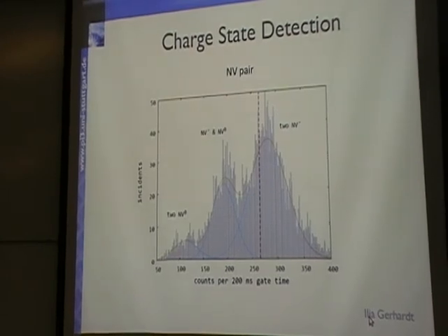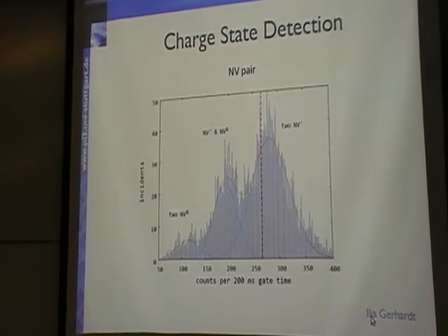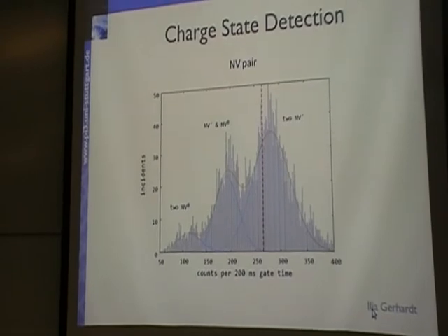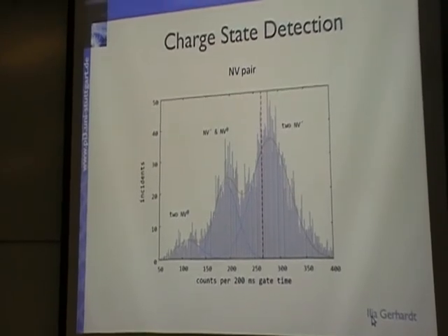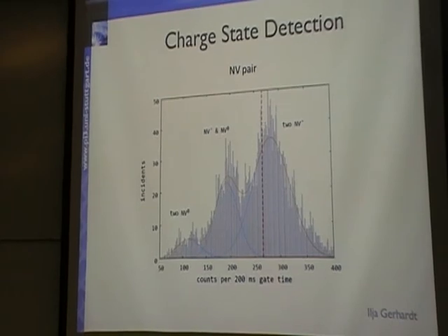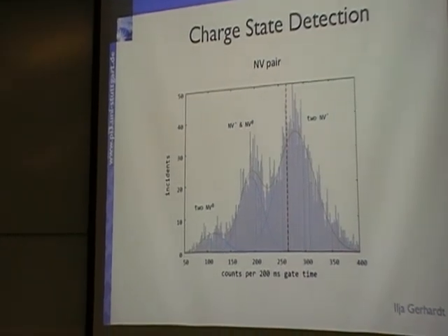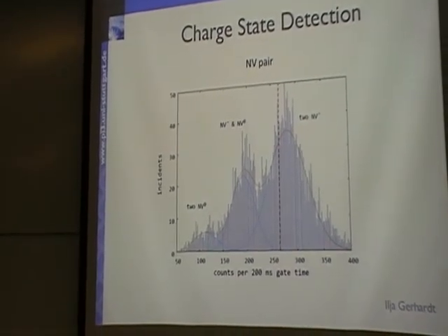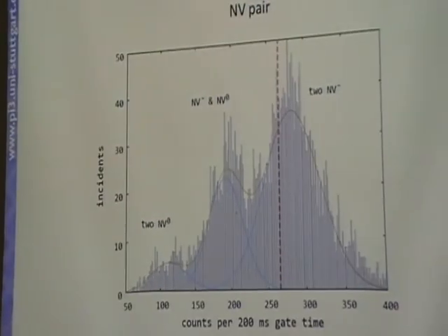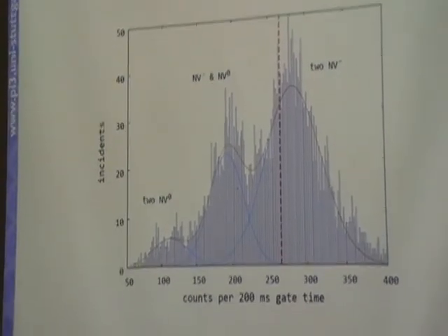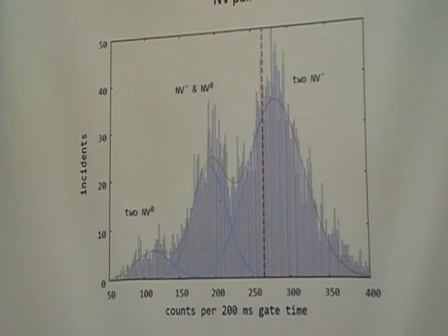For example, at ambient conditions, I think Walter was one of the pioneers last year in PRL to show that you can actually detect in which state you are by shining in a red laser. So you take something like a 590 laser and shine it in, you wait for 200 milliseconds, and then you look how many counts you get, how many counts are scattered.